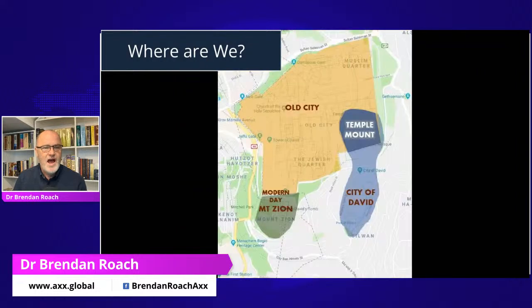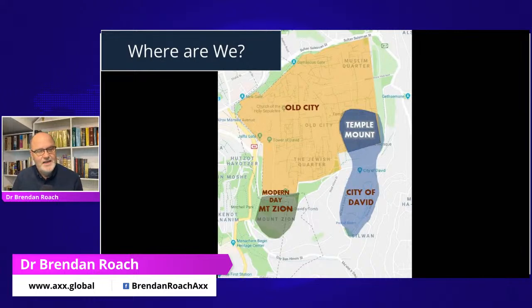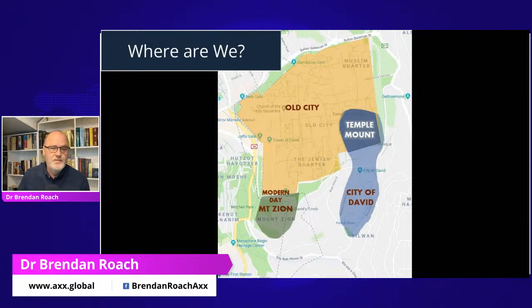So where are we? I've given you a series of maps to give you an idea of what it might be like. This is a modern map. We've got the Old City overlaid in yellow, and the Temple Mount with the Herodian wall, or the Western Wall.